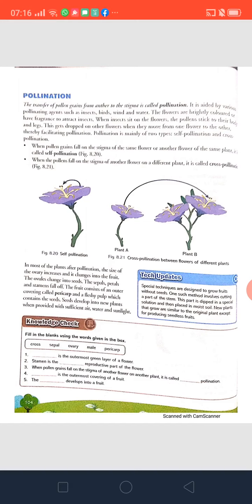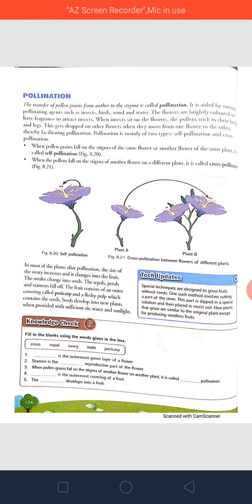As you can see in this diagram, self pollination is shown only on the same flower, and cross pollination from one flower to another flower.